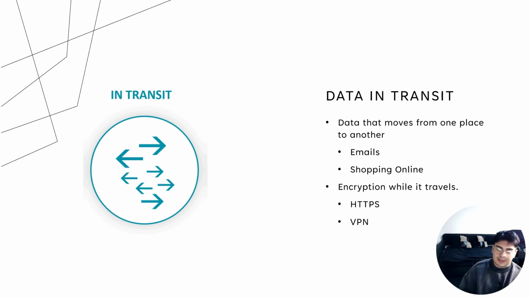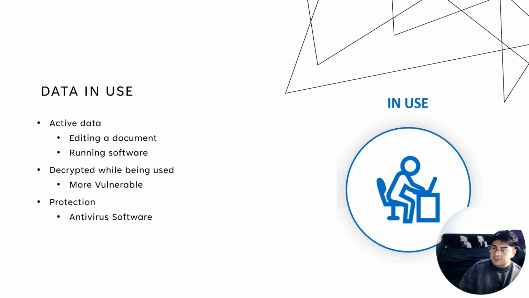So once again, let's go back to the same example. You send an email, that email is in transit, and when someone receives that email and opens it up, that's considered data in use. So with data in use, someone is actively working on the data, like, again, a file that they received from an email, editing a document, or processing customer information, or going back to the example of online shopping.